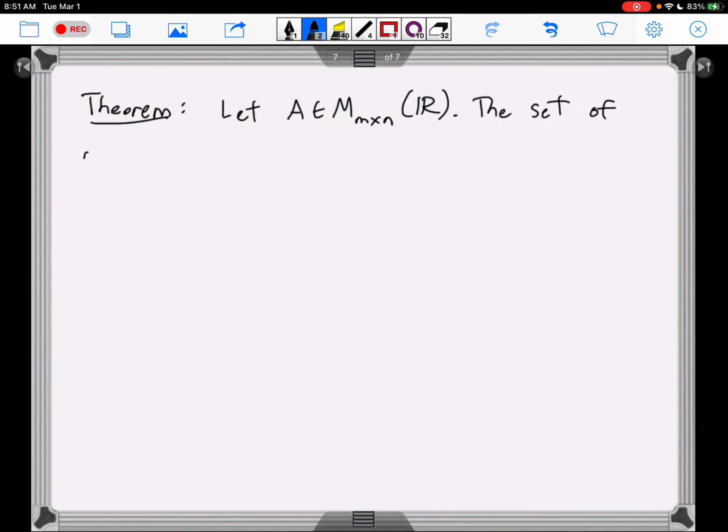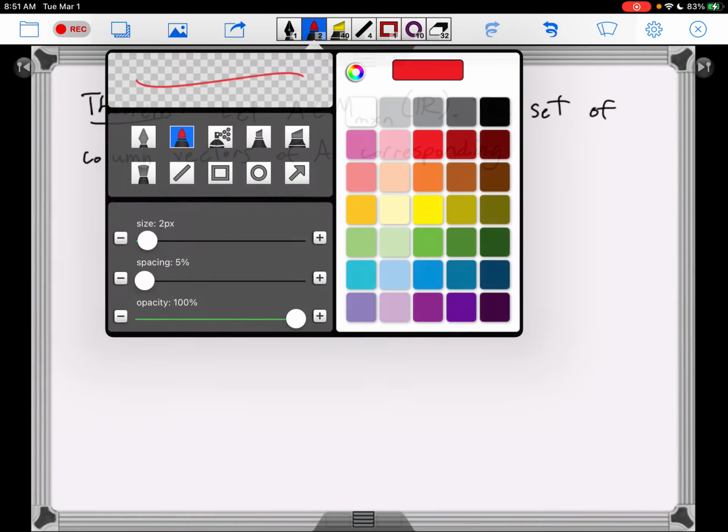The set of column vectors of A corresponding. That's such an important word that I'm going to underline it, okay?